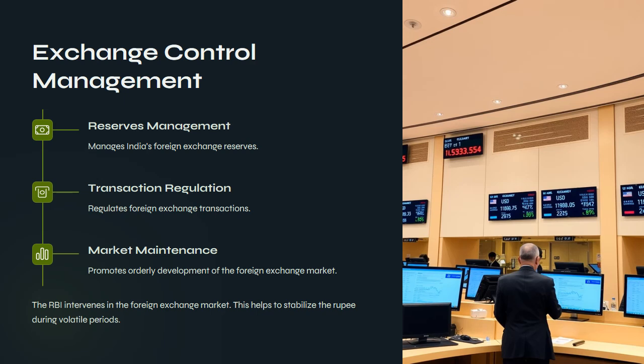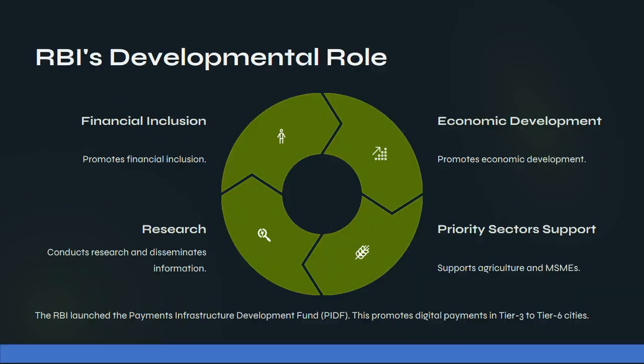Then we have another important aspect, market maintenance. The RBI always promotes orderly development of the foreign exchange market. We have a foreign exchange market which helps to stabilize the value of the currency, particularly the rupee, in the daily scenario. Next, it also aims at the development of the economy.